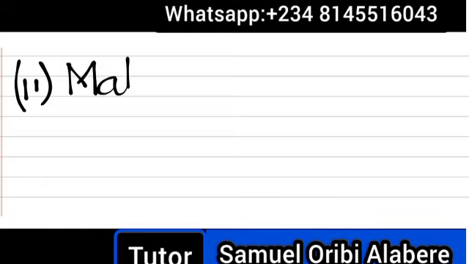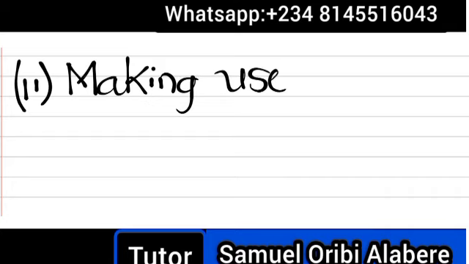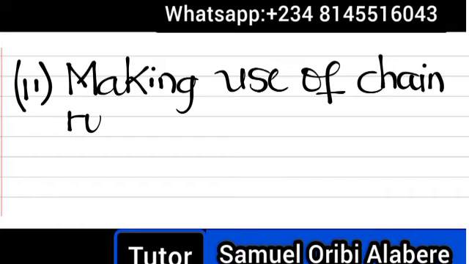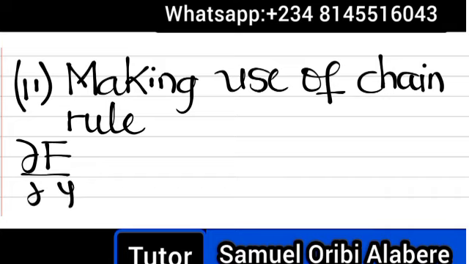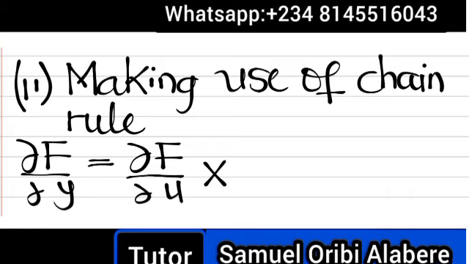So making use of chain rule, which will then give us the partial derivative of f with respect to y as the product of the partial derivative of f with respect to u, and then multiply that by the partial derivative of u with respect to y.